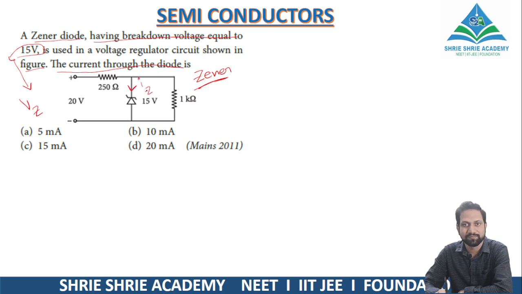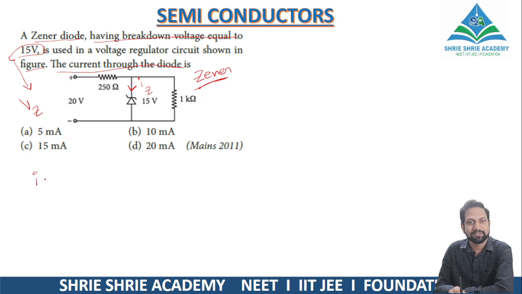That is Iz. If you remember my class, the total current equals Zener current plus load current, and from here we can rewrite the Zener current equals total current minus load current. Here I have given a formula. The total current is the supply voltage minus Zener voltage, divided by the series resistance.